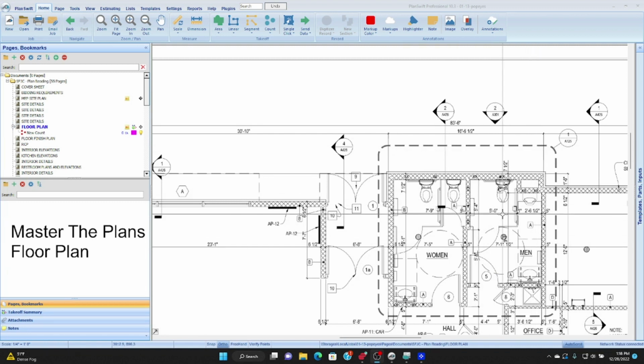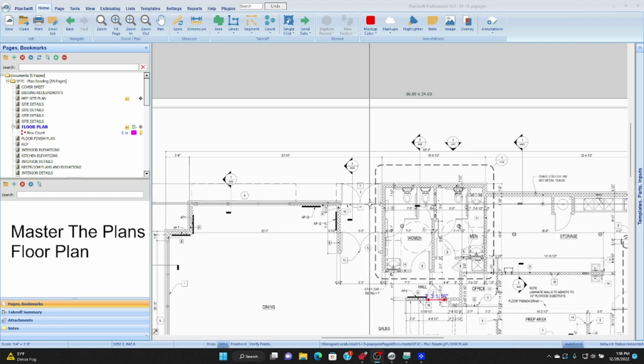We do have a separate video on how we read the section views, what the section view markers are, and how we should read those based on where they are located. Okay, and so that will be part 2 for the floor plan, because we have to be able to incorporate those section views when we are looking at the floor plan.